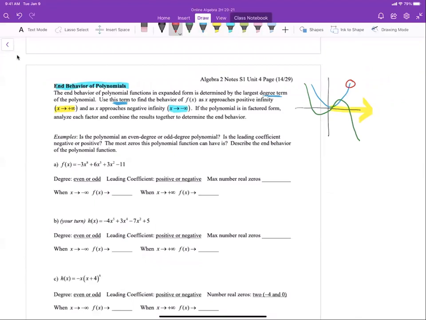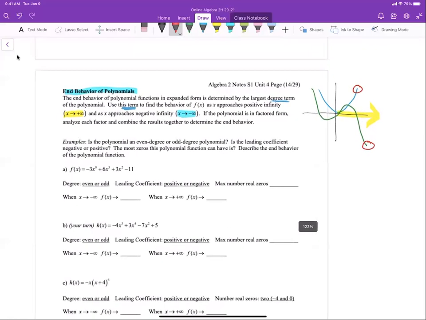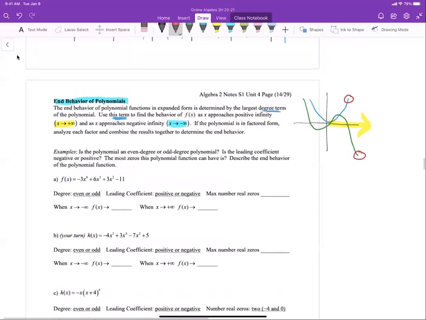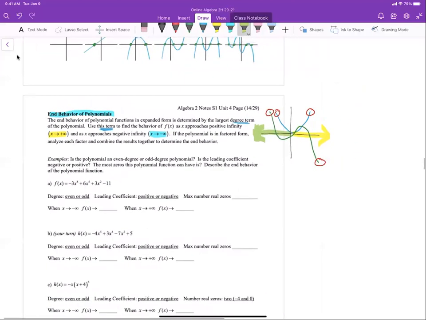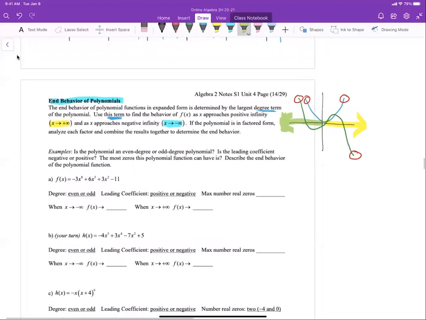So the output, the y value, is headed towards positive infinity. And in another polynomial, as x approaches positive infinity, the output, the y value, approaches negative infinity. And we could evaluate the same thing as x approaches negative infinity. Okay, so that's what we're talking about when we are talking about the end behavior. What is happening to the output or the y value of the polynomial?